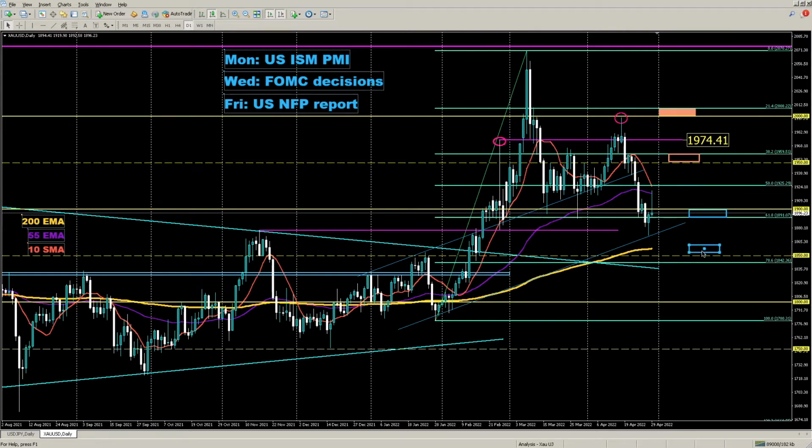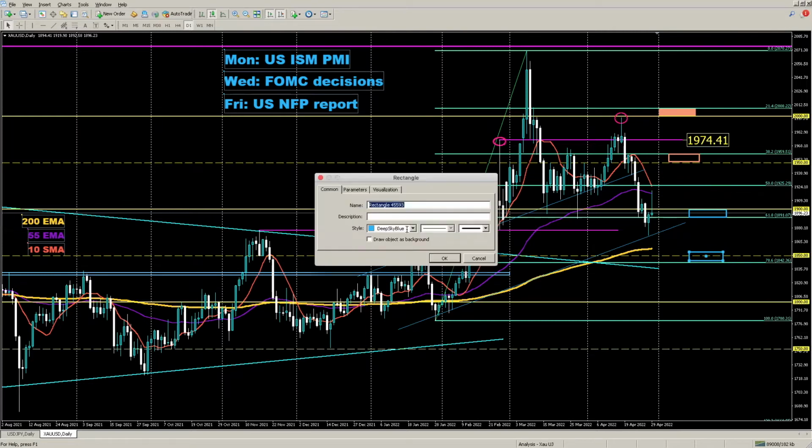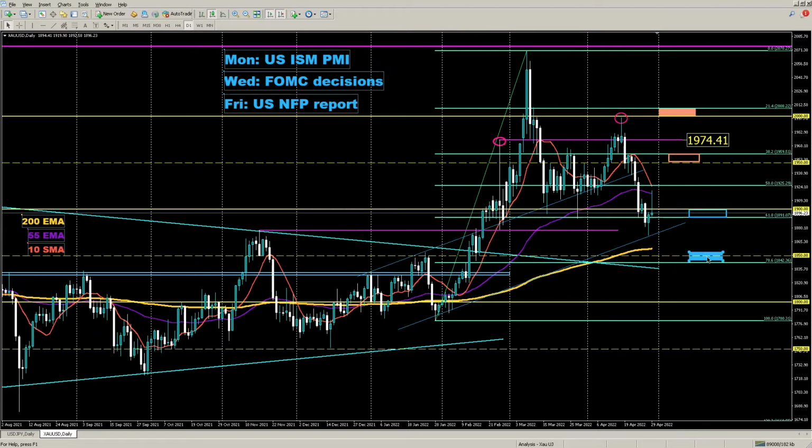Let's bring the next key support level to be just at the 200 EMA, and below that there's the 1850.00, and further below that is the 21 or 78 FIB retracement of this swing move up. So that's going to be the next critical support zone.